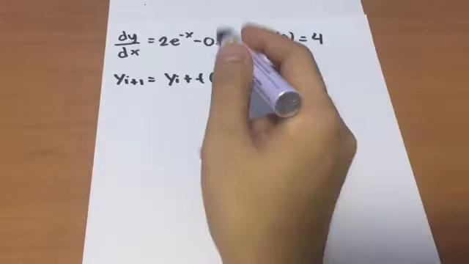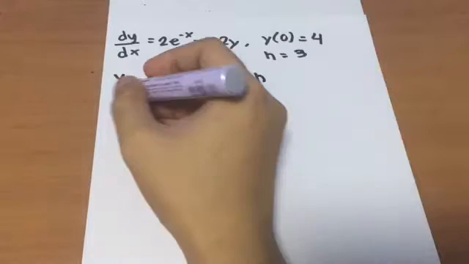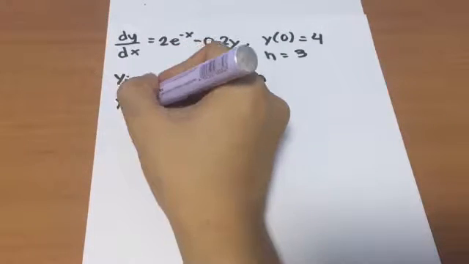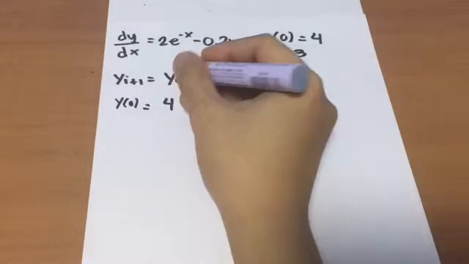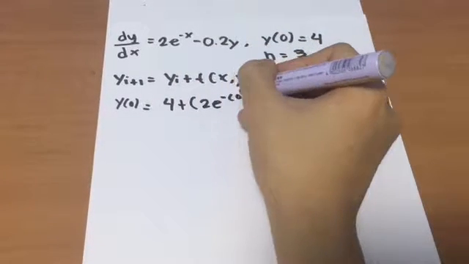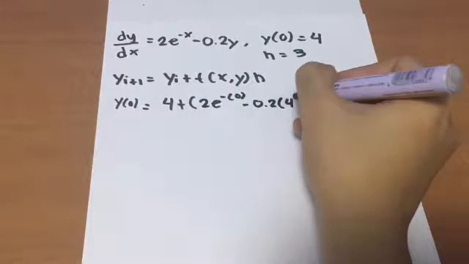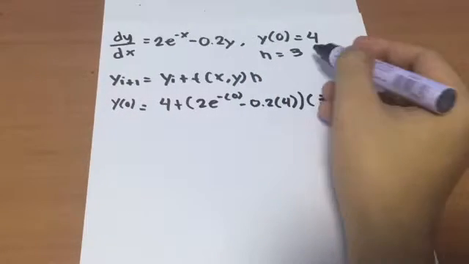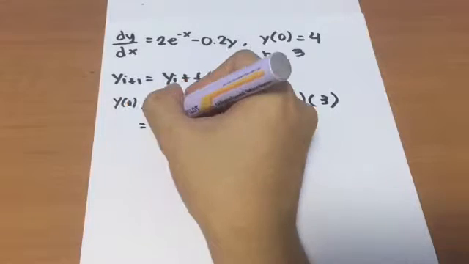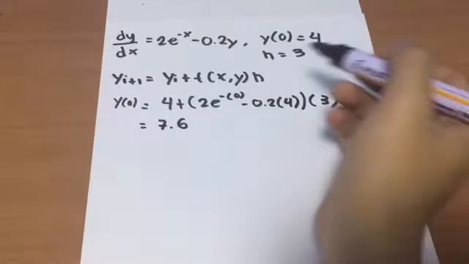So we are going to substitute first our given to our main equation. So we have 4 plus our 2e raised to negative 0, since our x is given and it is 0, minus 0.2 times 4, times our step size 3, and we get 7.6.